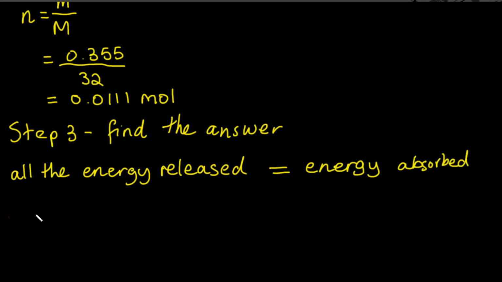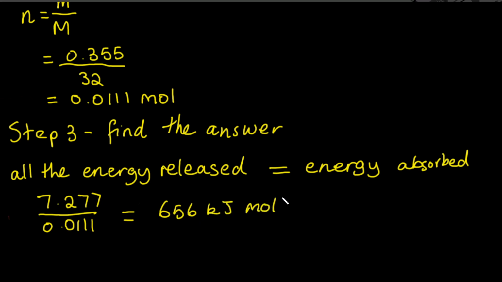With that being the case, the answer would just be 7.277, the energy that was absorbed and consequently the energy that was released by the fuel, divided by the number of moles we have, 0.0111, which then gives us an answer of 656 kilojoules per mole. And we will write this as a negative, just to indicate that this energy is being released by the fuel, and because it's an exothermic reaction.